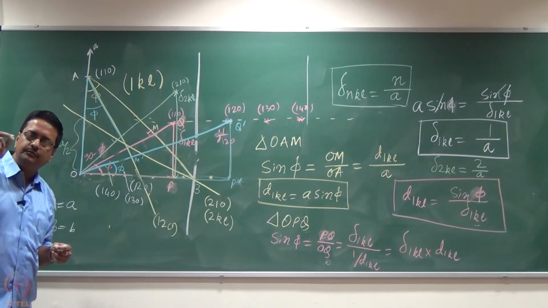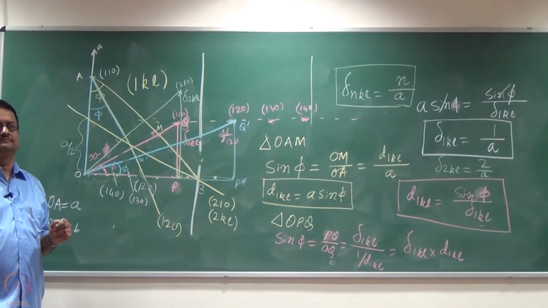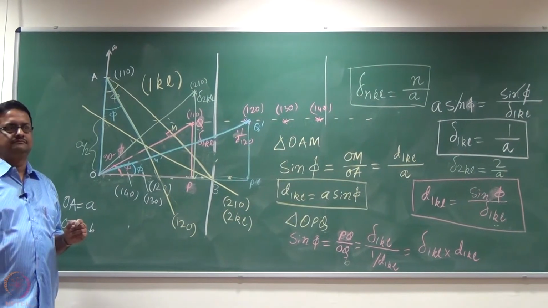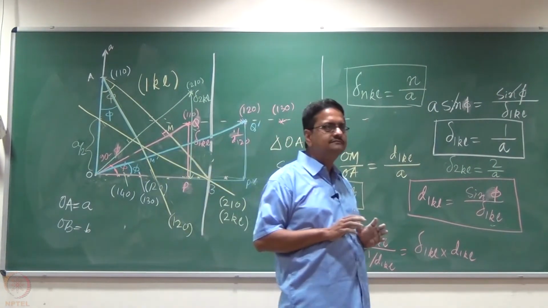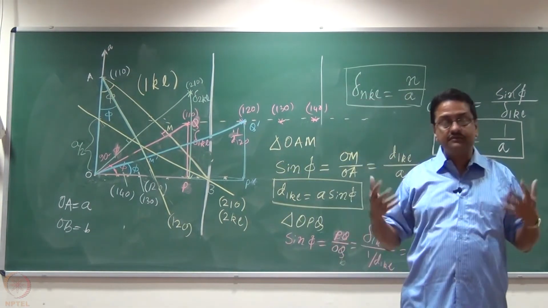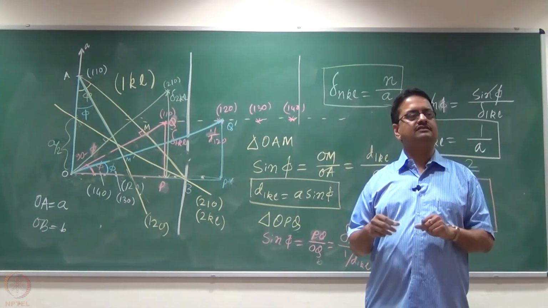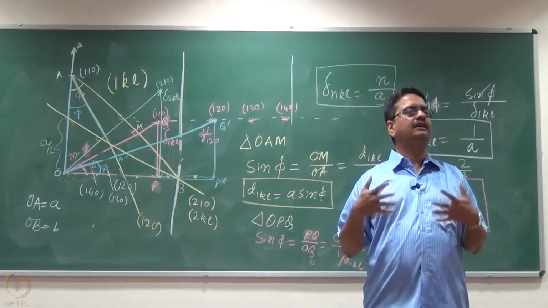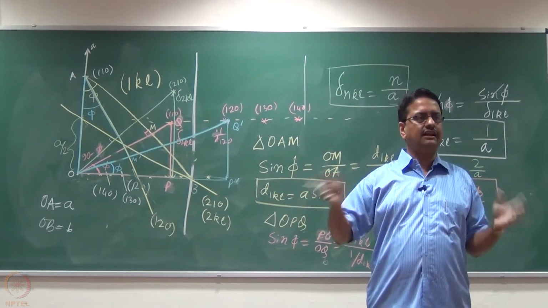Each and every point represents a plane in the direction S. And these points are called the reciprocal lattice points, which form a reciprocal lattice, and the lattice constants are related to reciprocal lattice constants. So A, B, C and A star, B star, C star have an inverse relationship.